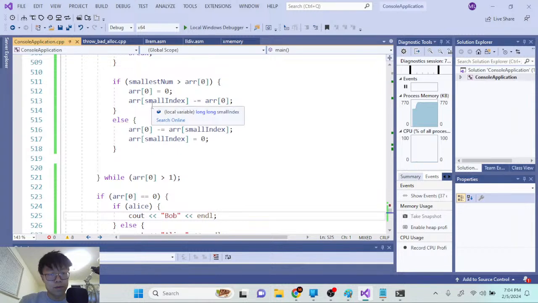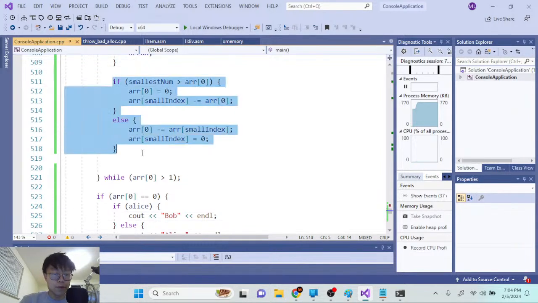What am I doing here? Oh, okay. So all the numbers subtract by the smallest number, and then swap it. Okay, so we don't even need this if statement anymore.